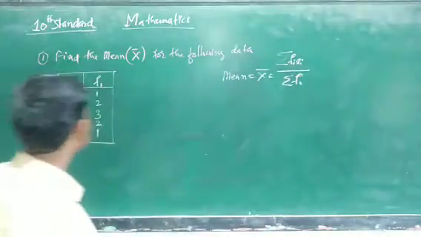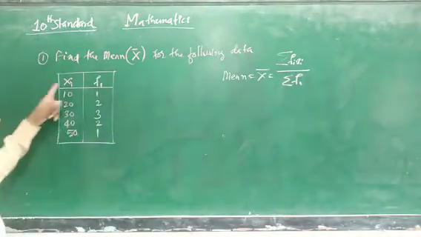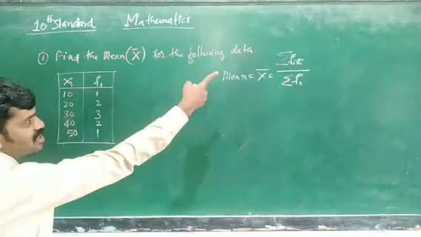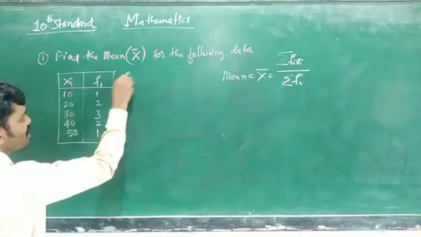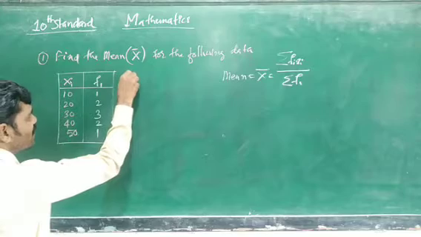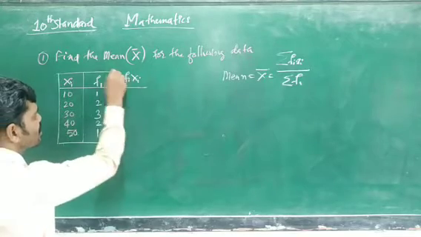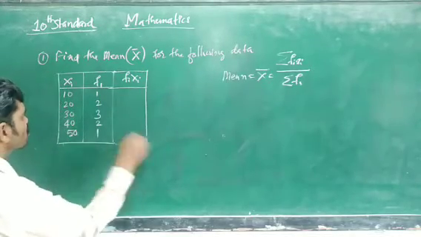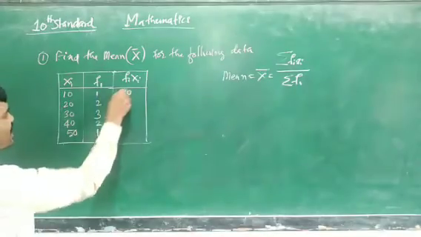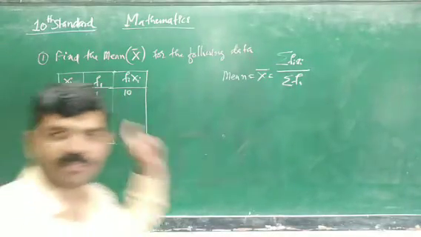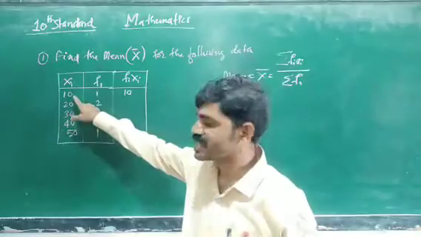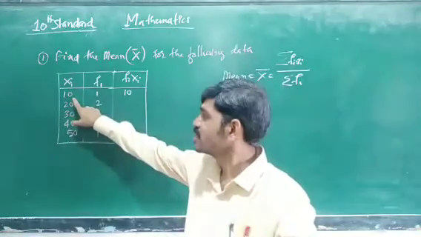So here xi is there, fi is there. Summation of fi xi means we have to find out fi xi. 10 into 1 is 10. Let us consider these are marks.